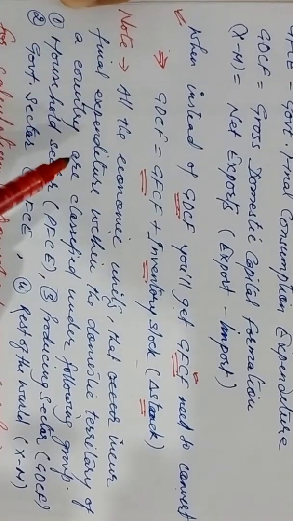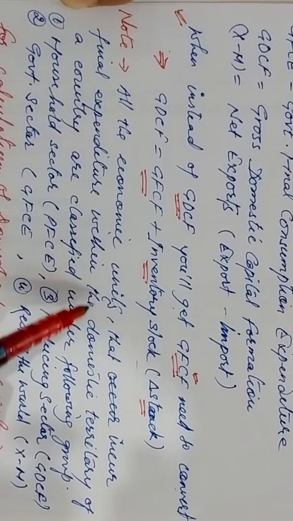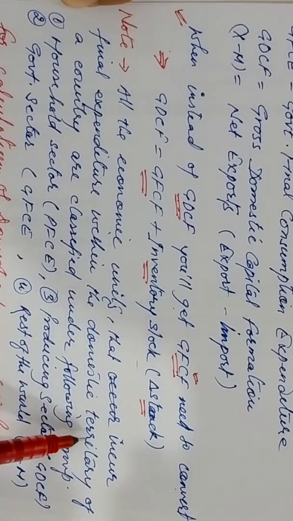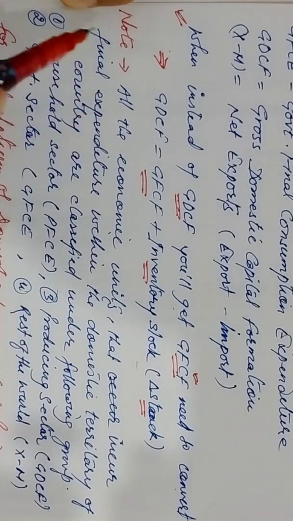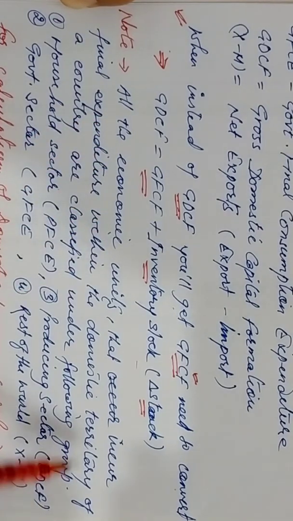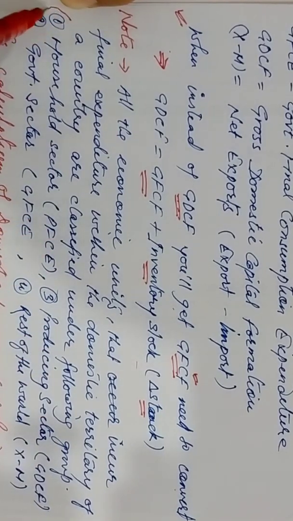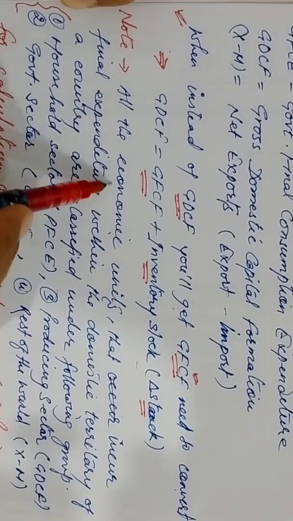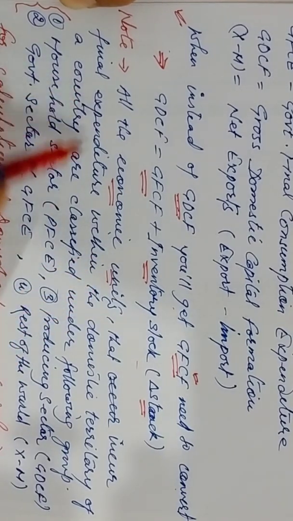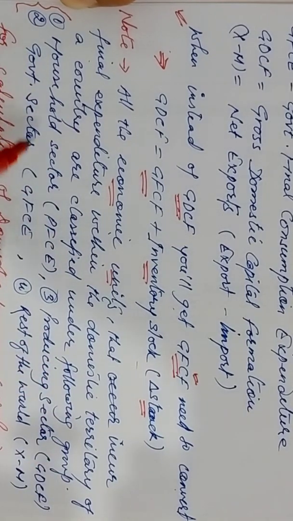In this note I have written: all the economic units that incur final expenditure within the domestic territory of a country are classified under the following groups. Only these four sections are there.